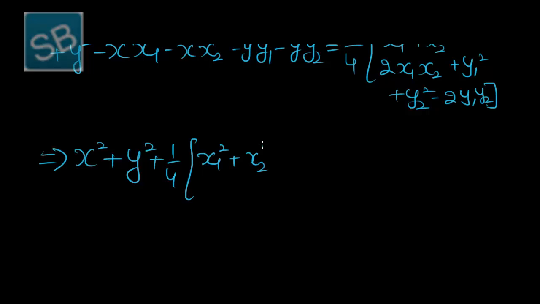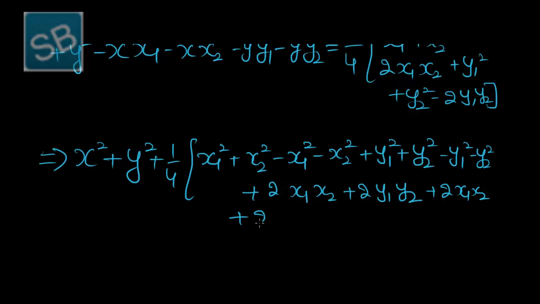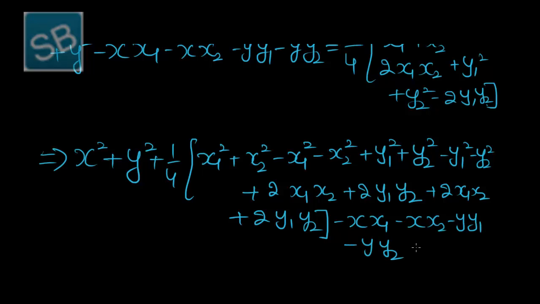If we see x1 square plus x2 square minus x1 square minus x2 square plus y1 square plus y2 square minus y1 square minus y2 square, taking all these terms in the left hand side, and we have plus 2x1 x2 plus 2y1 y2 plus 2x1 x2 plus 2y1 y2 minus xx1 minus xx2 minus yy1 minus yy2 is equal to 0.